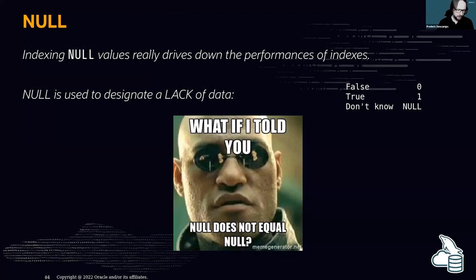When you have a null value in an index, it will really drive down the performance of that index. So pay attention to that because it's very important. Null means there is no data. It's a lack of data. So it's not true or false. It's you don't know.